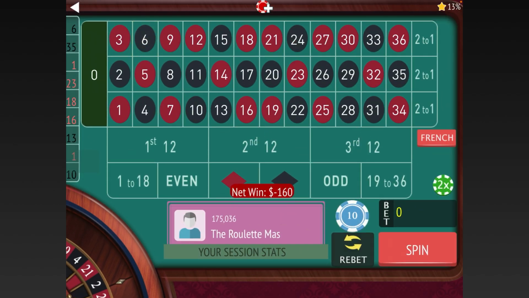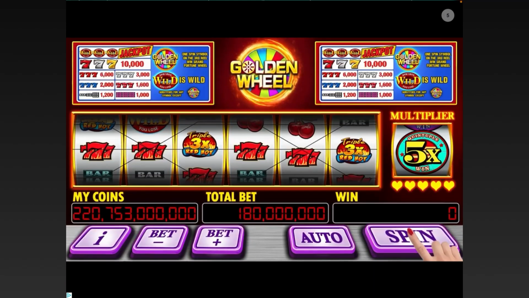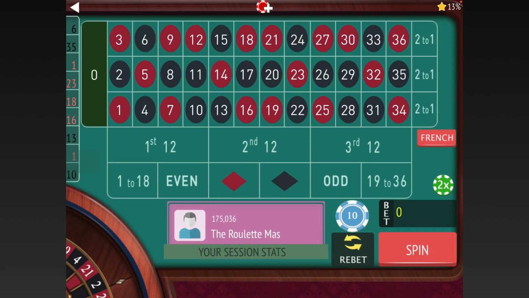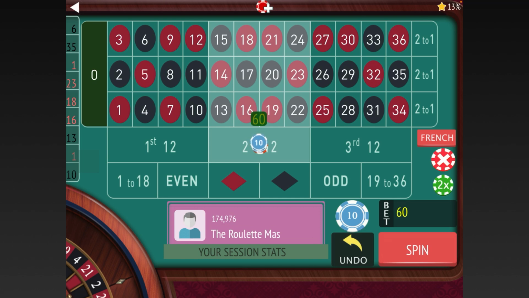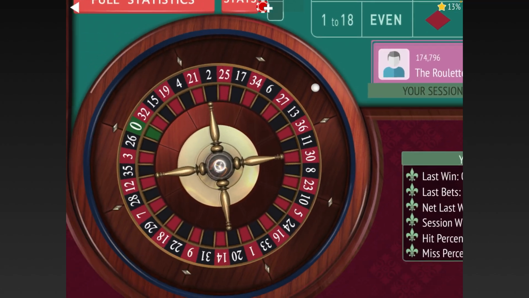Okay, so we lost there. That's assuming I wasn't in session profit, so we had to keep going. Otherwise, you'd go back to $10. But just to show you, let's bump it up a little more since I won that one. Say you were at 120 on each, and you still weren't in session profit, obviously.